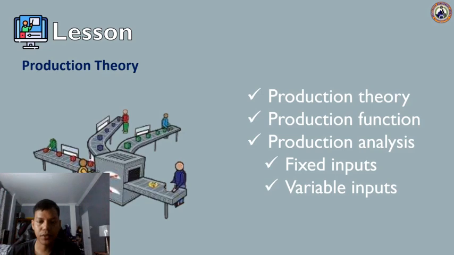To produce goods, the basic inputs are classified into two divisions. Under production analysis, there are two classifications of the basic inputs: fixed inputs and variable inputs.